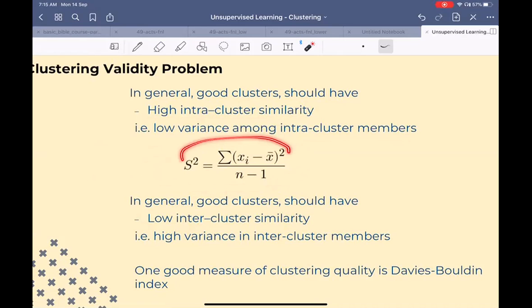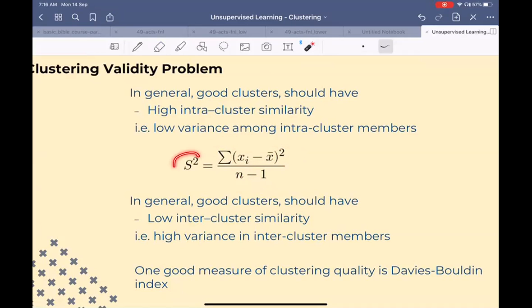This is a modified version of the variance formula, but instead of dividing by n, we are dividing by n minus 1. Here you're saying that if I take the mean of all these intra-cluster points, and from that mean I look at the distance of individual points, that is the sum squared error, divided by n minus 1.